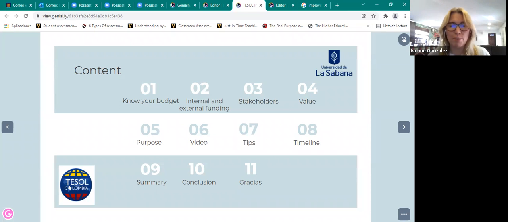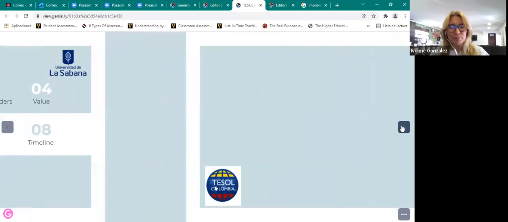The next topic will be the internal and external funding options, then the stakeholders, the value you can offer them, and the purpose of your association. Then I will have a short video of about 4.5 minutes with some tips for raising money to have your convention. And then the timeline for planning, and finally the summary and a conclusion, another reflection. Okay, let's start with this.